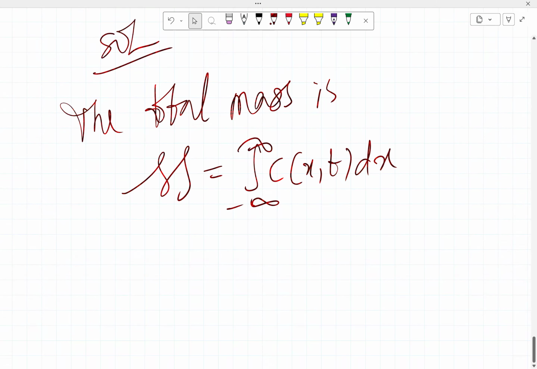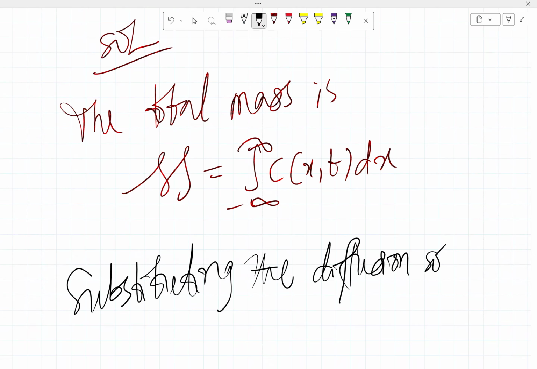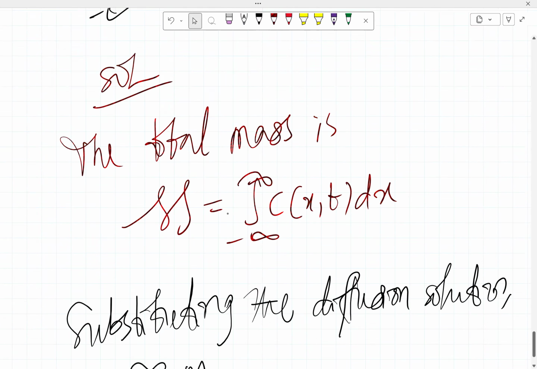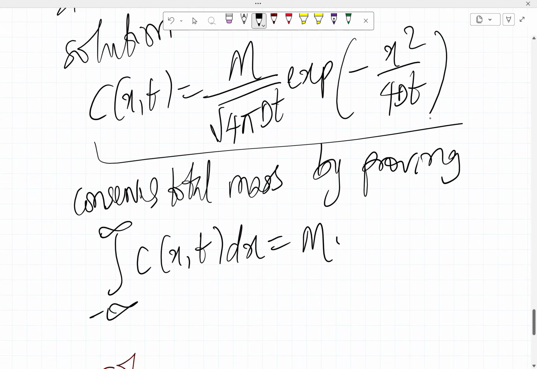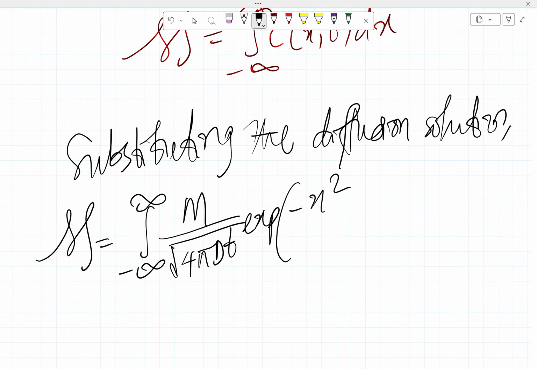So substituting the diffusion solution, we then have m to be integral from minus infinity to infinity. This is the diffusion solution which we already have in the problem, right? So that is m over square root of 4 pi dt exponent minus x squared all over 4 dt dx.